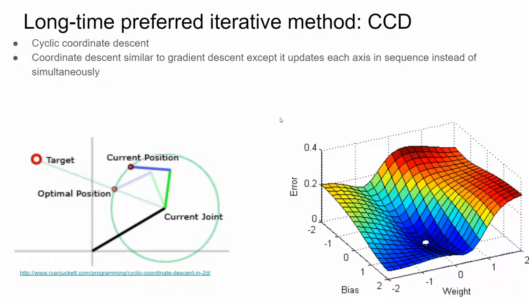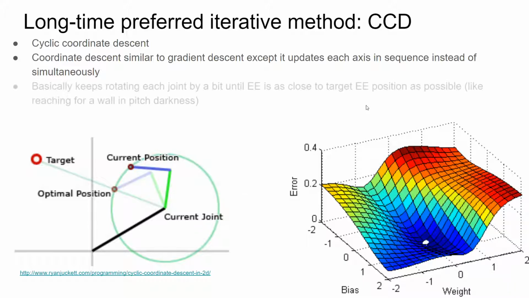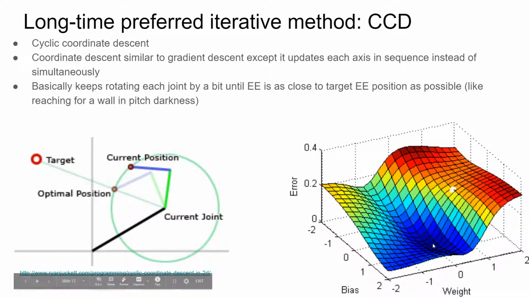This is similar to gradient descent, except you update each axis instead of trying to update everything at the same time. But it's a similar idea to gradient descent. So this is gradient descent, for example, or coordinate descent, depending on how they actually did it. You can think of it as rolling a ball down a hill, and the bottom of the valley is the optimal solution.